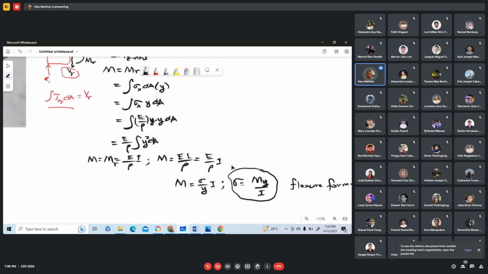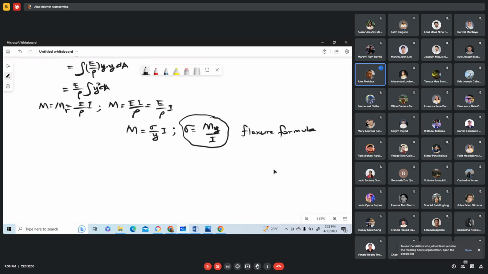Okay, so we will now use this flexural stress formula to find the maximum flexural stress.